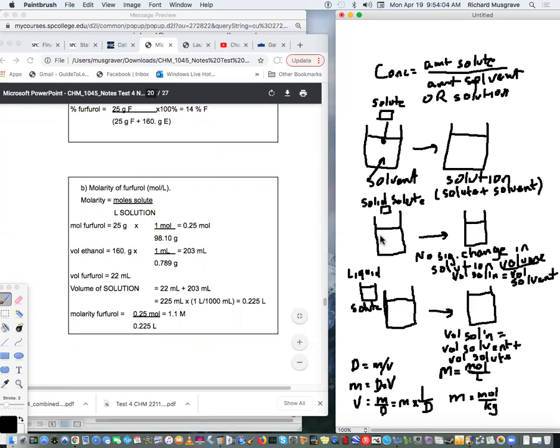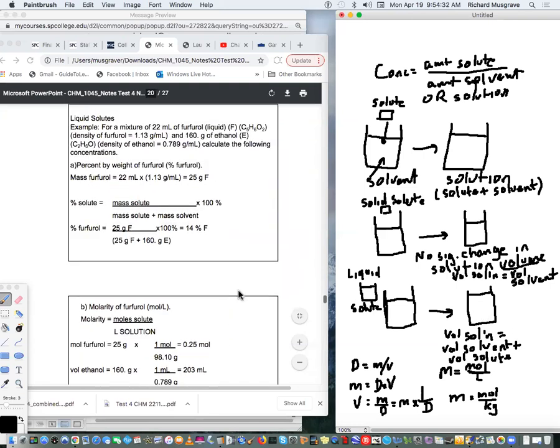Now, as I was making a big deal of this earlier, I said with solid solutes, there's no real change in the solution volume. The volume of solution essentially equals the volume of solvent. With a liquid solute, however, the volume of solution is going to be the volume of the solvent plus the volume of solute. It gets bigger. So there is a change in the volume of the solution here. And there will be in this instance as well.